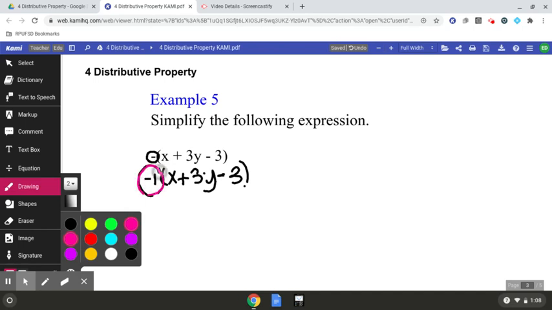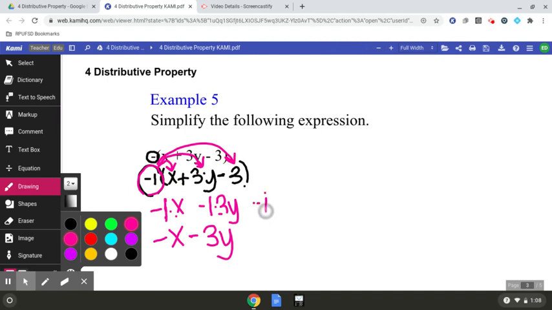So -1 times x is just -x. -1 times a 3y is just -3y. And then -1 times a -3 is a positive 3. So again, your final answer is this last one where you end up with 3 terms just like you originally had in the parentheses.